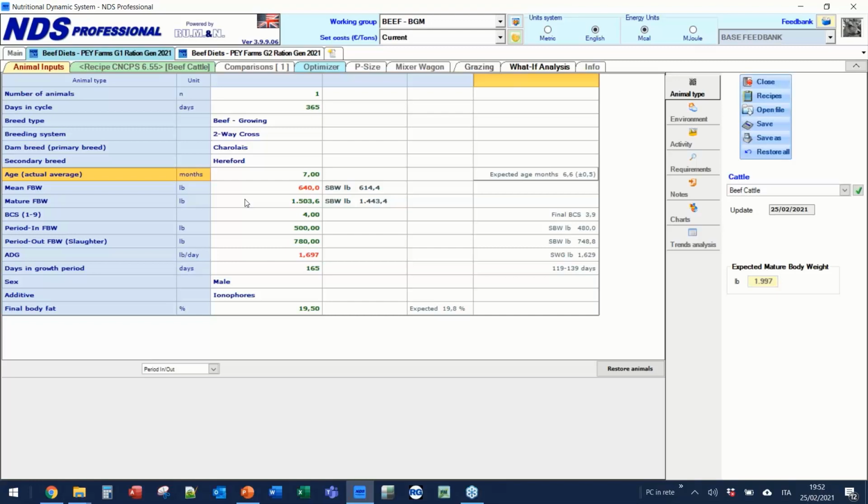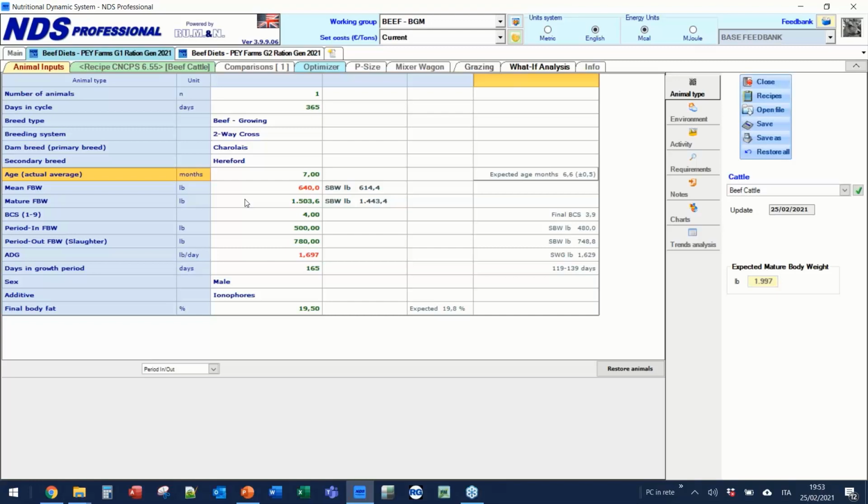Let me describe how we consider these inputs. The mature full body weight is important because it defines many aspects of the requirement calculations, but in many conditions we have no idea what the mature body weight is.